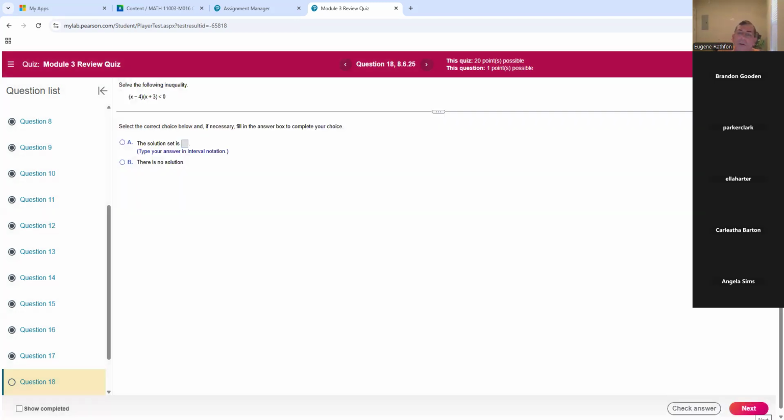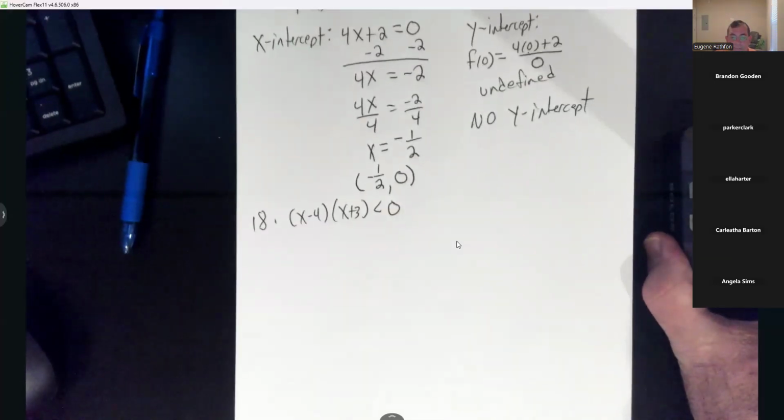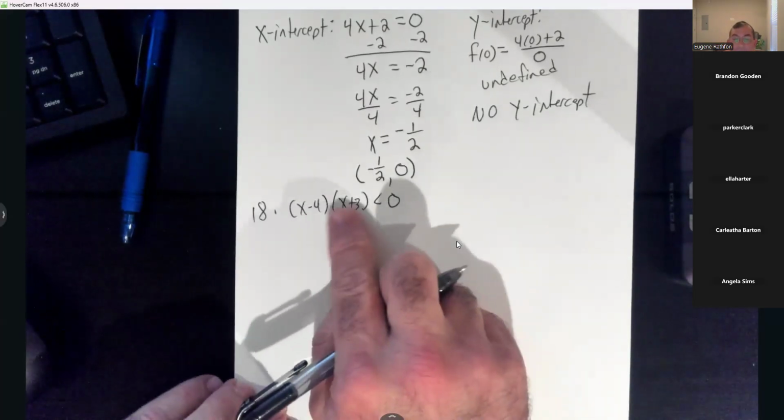All right, now the last three are just solving inequalities. So 18 has x minus 4 times x plus 3 is less than 0. Now they want me to write these in interval notation, okay? So for 18 here, it's already factored.